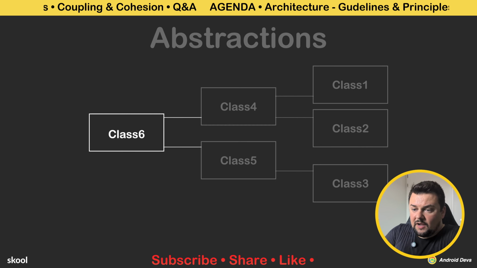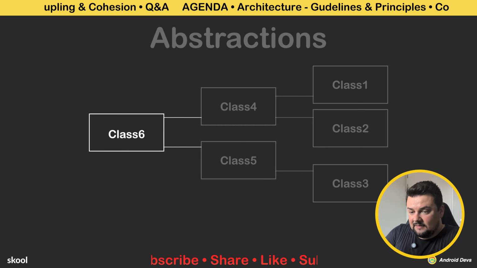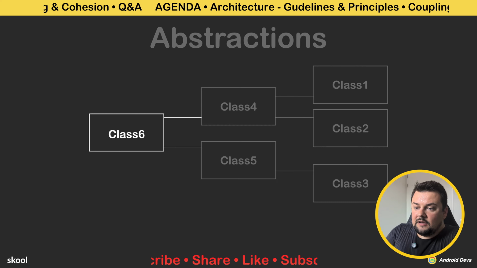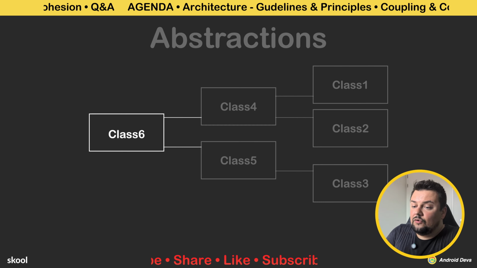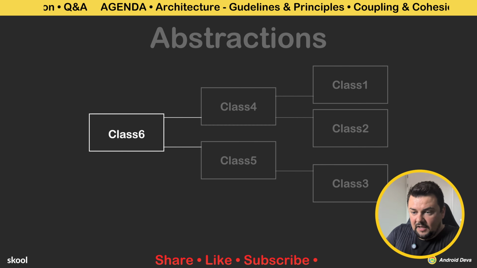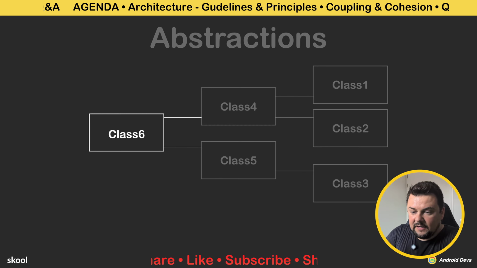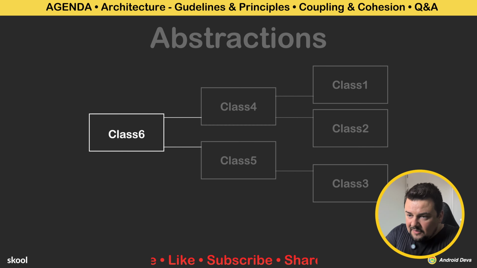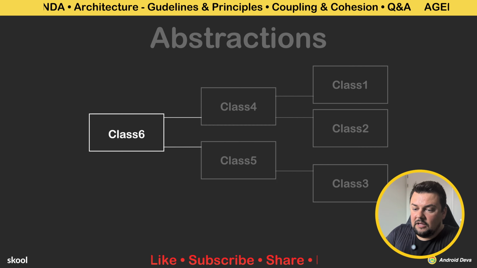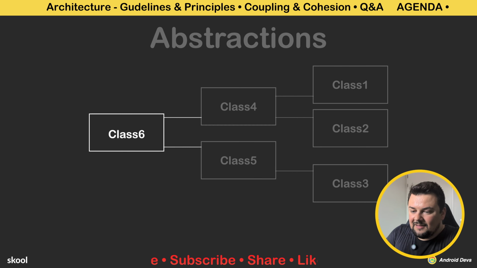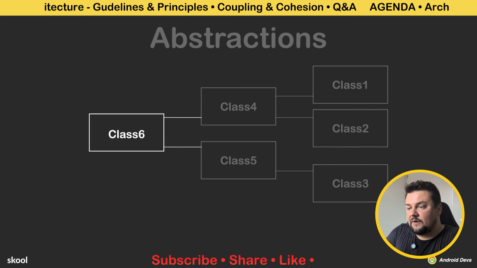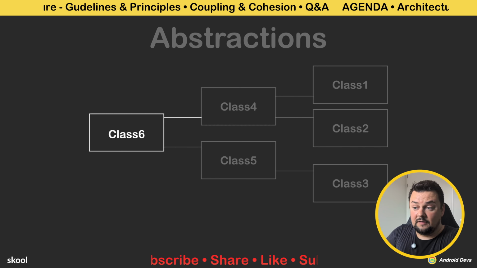When we talk about an object graph, in class 6, if we pay attention here, class 4 and 5 are being injected, and into those, class 1 and class 2 are being injected, and class 3 respectively. So the construction shouldn't depend on details. And that's the first principle that we have to understand from this presentation.